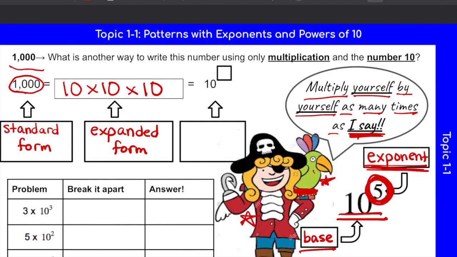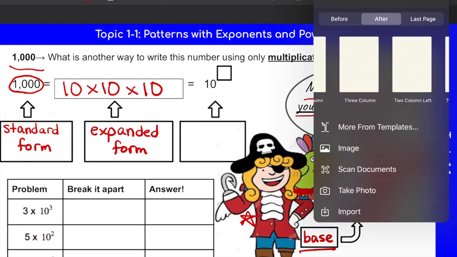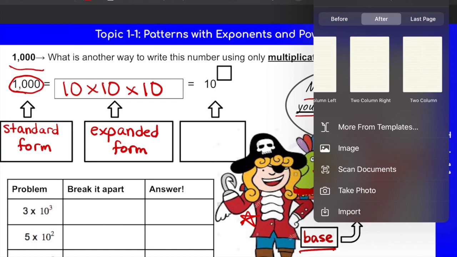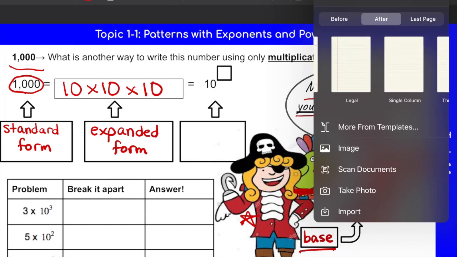Okay, so basically what that means, let me get another piece of paper out here. Basically what that's saying, so let's get that 10 to the power of 5. So 10 to the power of 5. It's saying multiply yourself by yourself as many times as I say.